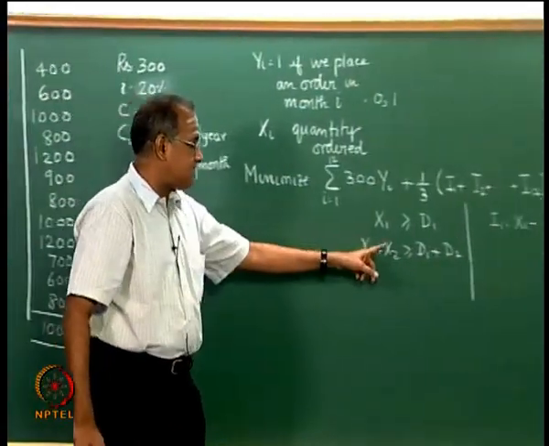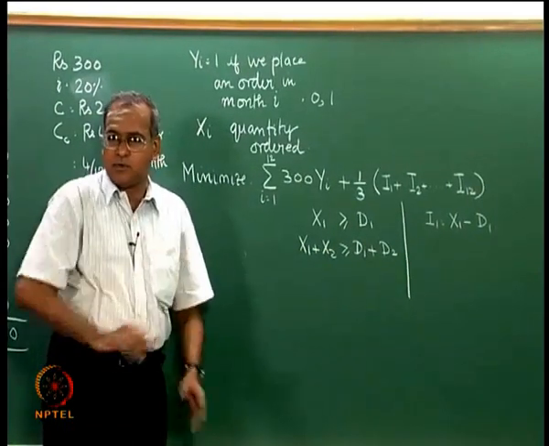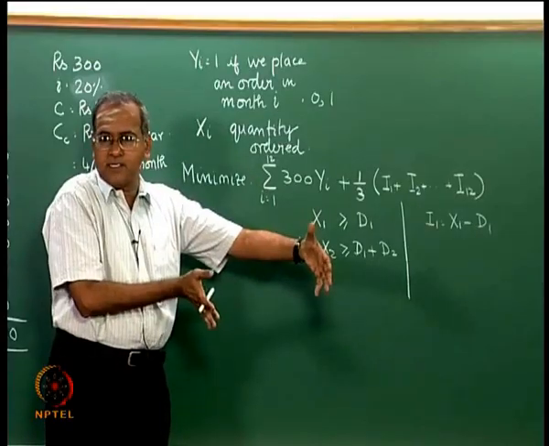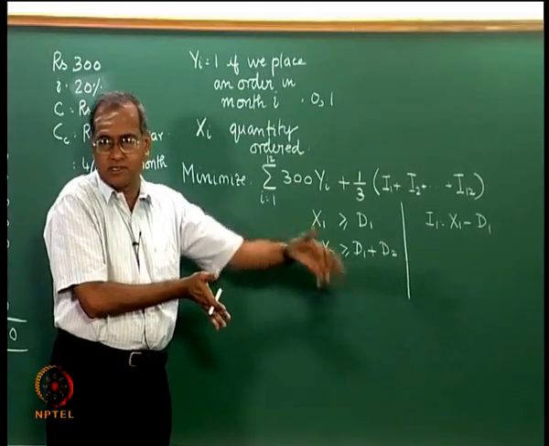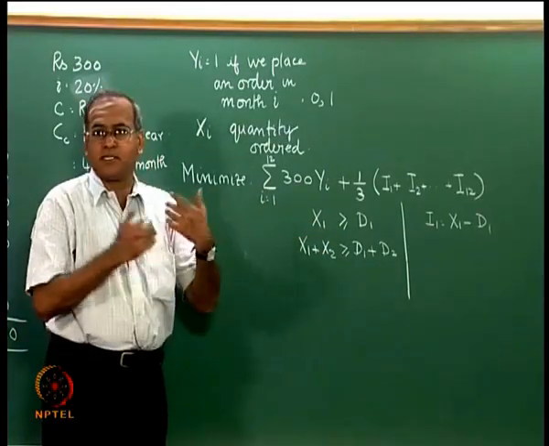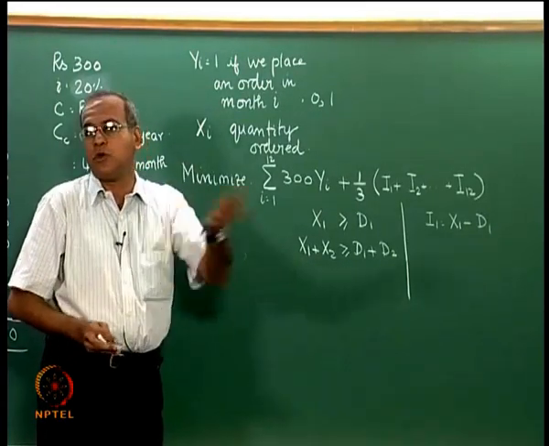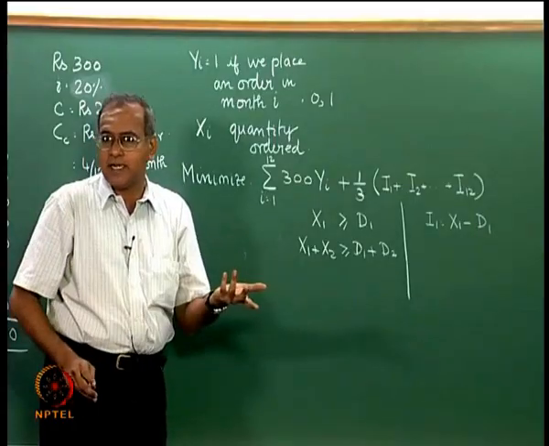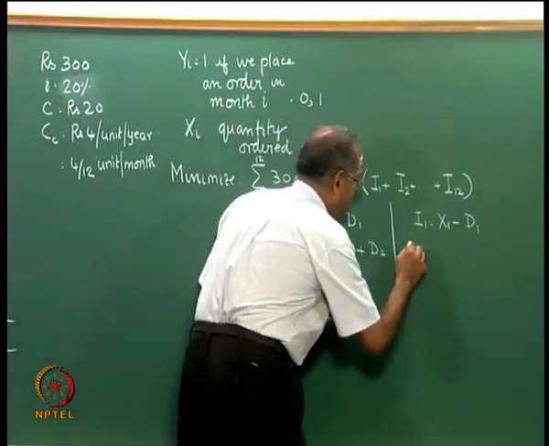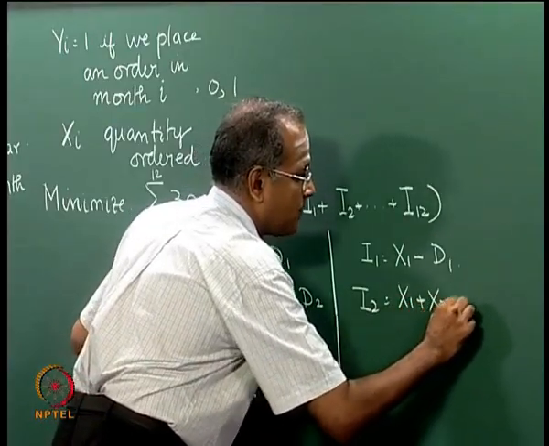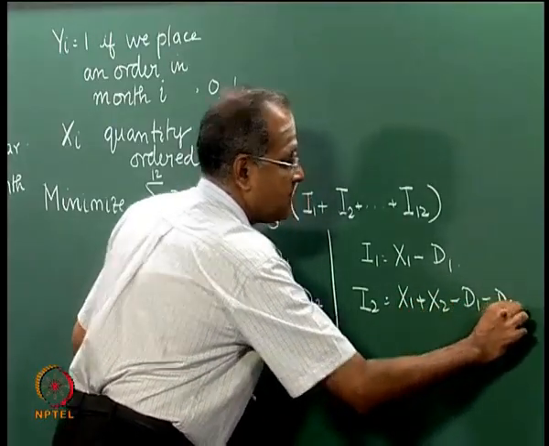So if I2 is the ending inventory at the end of period 2, then I2 is obviously the difference between x1 plus x2, which has been ordered in the 2 months, and d1 plus d2, which has been consumed for 2 months. The difference is I2. So I2 will become x1 plus x2 minus d1 minus d2.